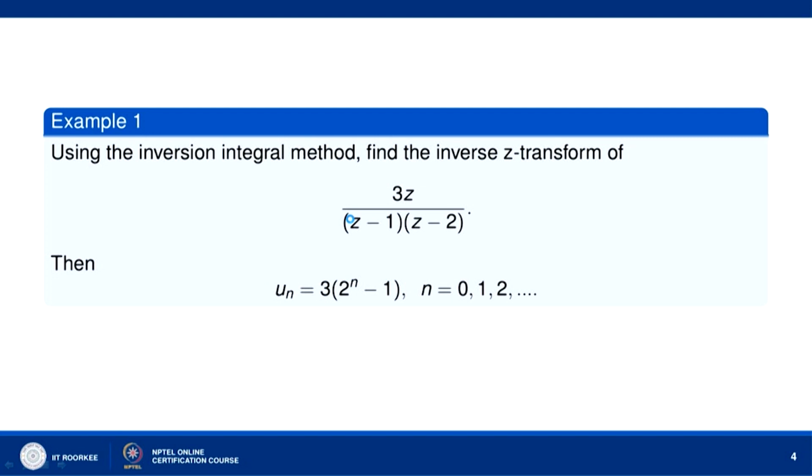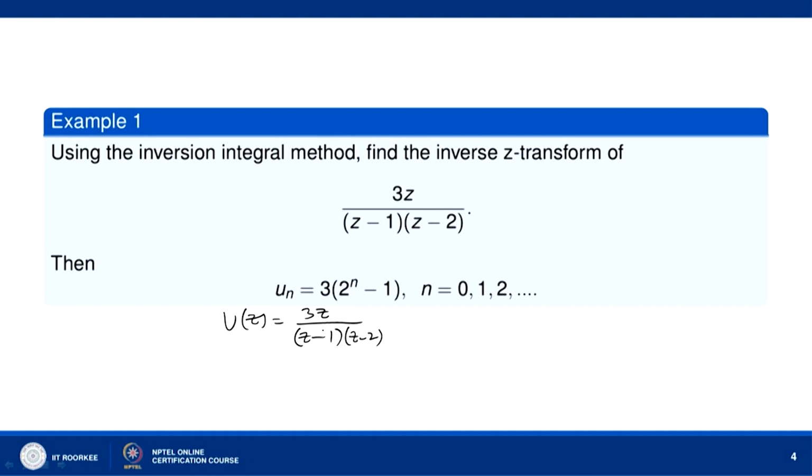Now, let us use the inversion integral method to find the inverse Z transform of 3Z over Z minus 1 into Z minus 2. Instead of Z of y n, let us take U of z. So, U of z equal to 3Z over Z minus 1 into Z minus 2.